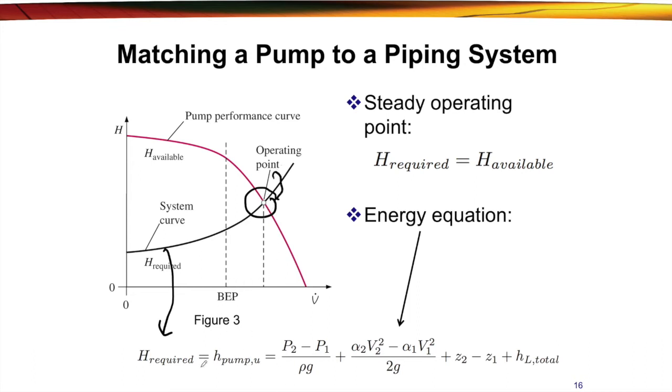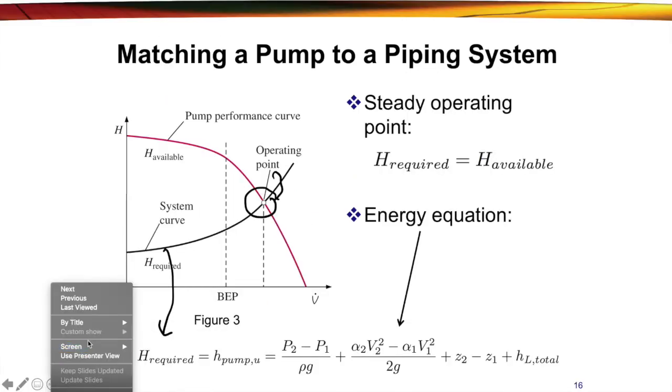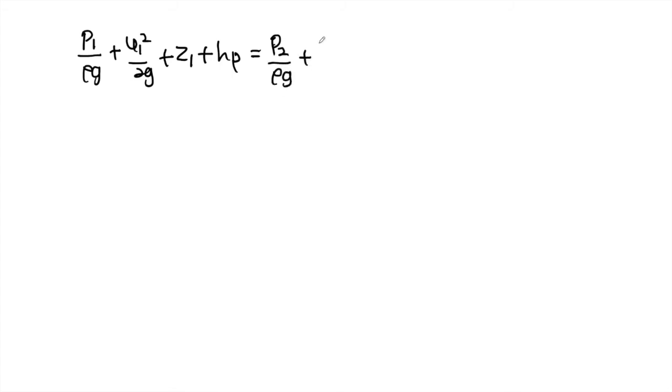So how to get this equation? As I mentioned before, we have these kinds of equations. P1 over rho G plus U1 square over 2G plus Z1. We have to add HP here, the head of the pump, equal to P2 over rho G plus U2 square over 2G plus Z2 plus HF.